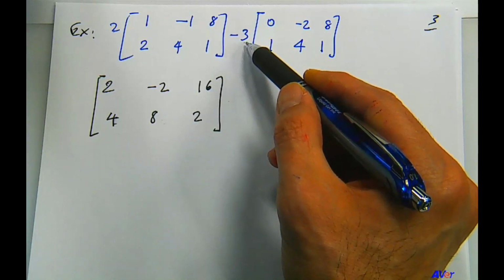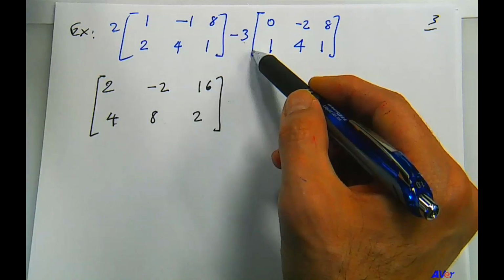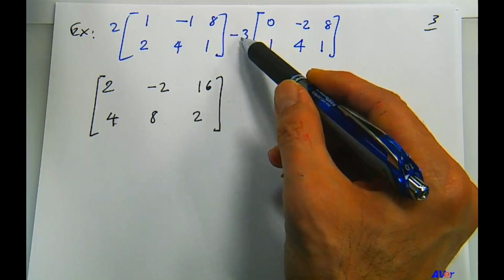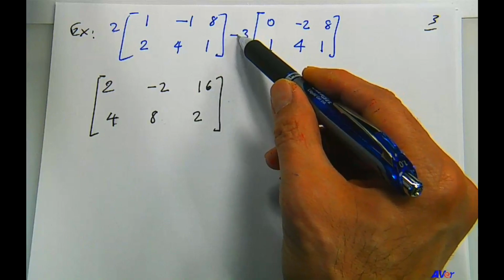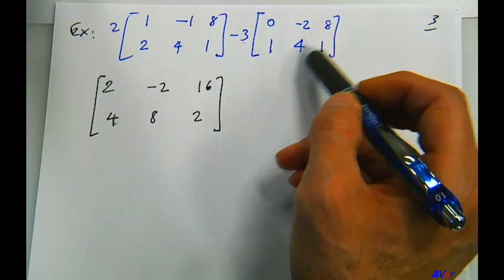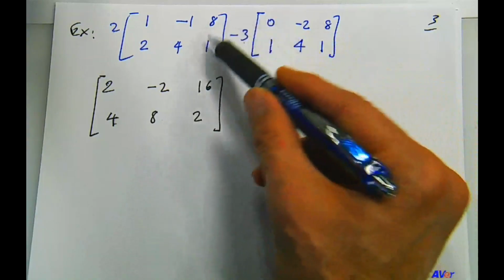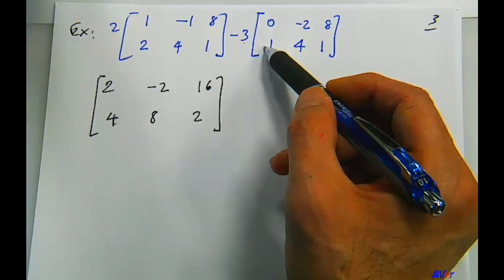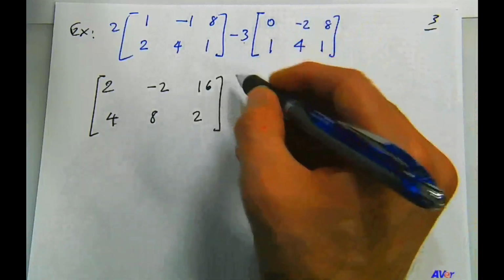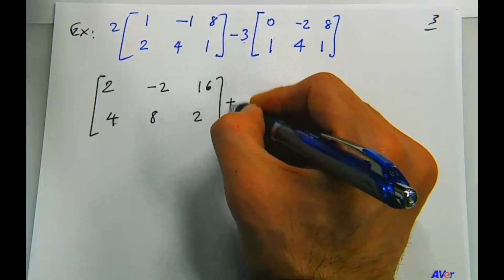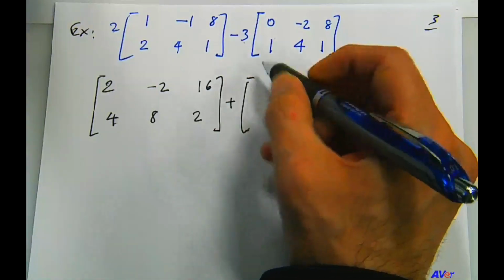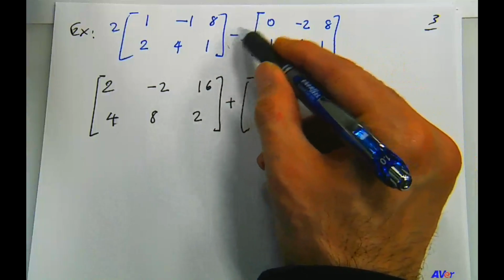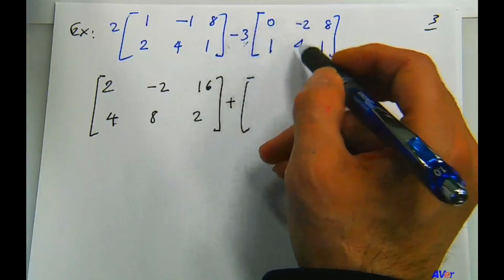You might not agree with this, but I found it's easier if you distribute the negative 3 into everything and then simply add the matrices rather than subtract the 2 matrices. So that's what I'm going to do. I'm going to convert this to positive, but that means I have to distribute the negative 3 to everything.